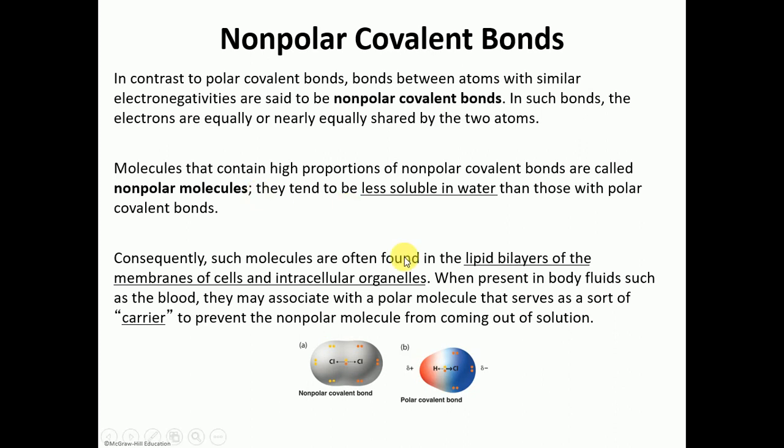So these nonpolar molecules will form the lipid bilayers that are found within the cell membranes and the intracellular organelles. So the walls of mitochondria, the walls of Golgi apparatus, and so on are going to be made out of these nonpolar molecules.